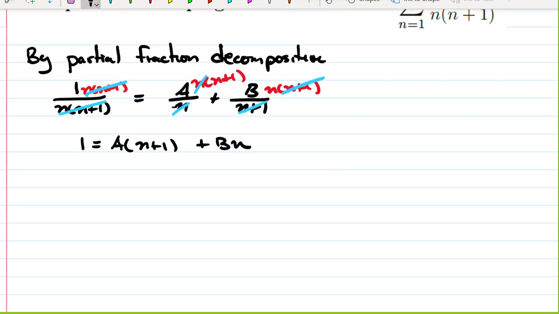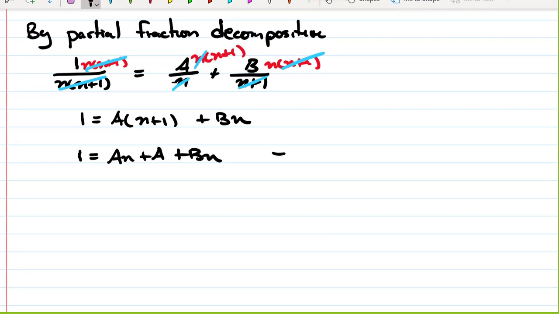If we open our parentheses by distributing, we get An plus A plus Bn. And then we regroup our n's together, so we get 1 is equal to A plus B times n plus A. And that gives us the system of equations.